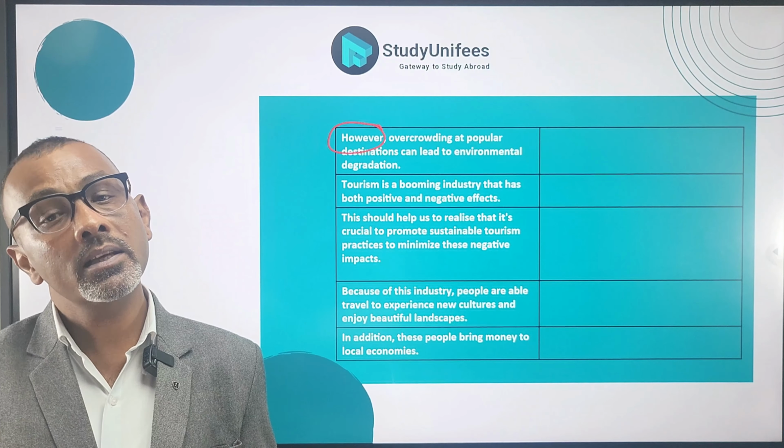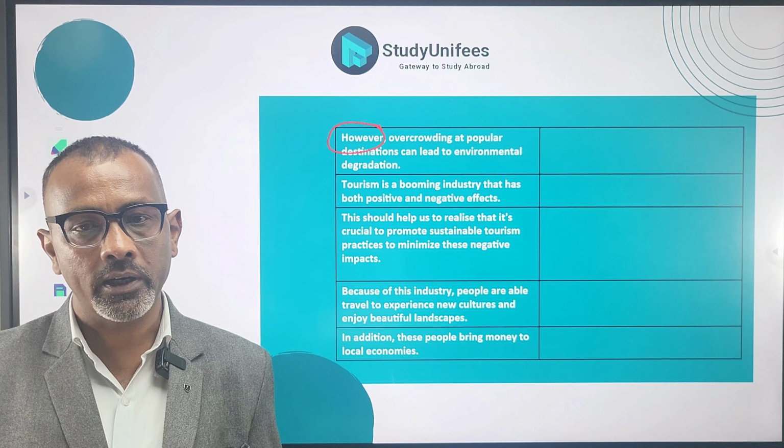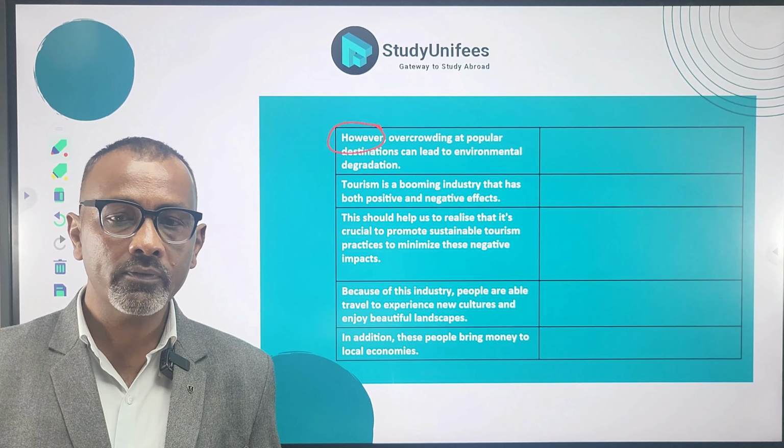Now let's read the second sentence together. Tourism is a booming industry that has both positive and negative effects. Well, this seems to be a very good candidate for the topic sentence. Why? Because it introduces an industry and tells us that this is both positive and negative in its effects. So we will keep the second sentence on hold.